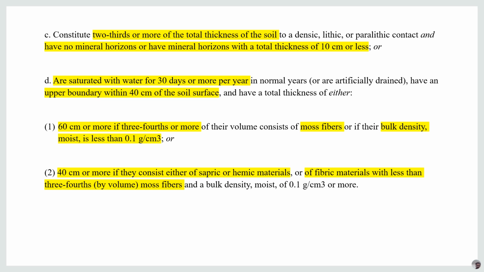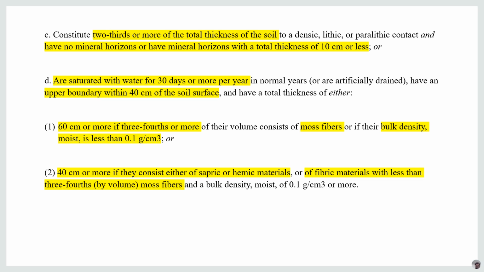And in these flooded conditions, we have a horizon with organic materials whose thickness is 60 centimeters or more, if at least 3/4 of the total volume of this organic horizon is composed essentially of moss fibers, or presents a bulk density lower than 0.1 grams per cubic centimeter.